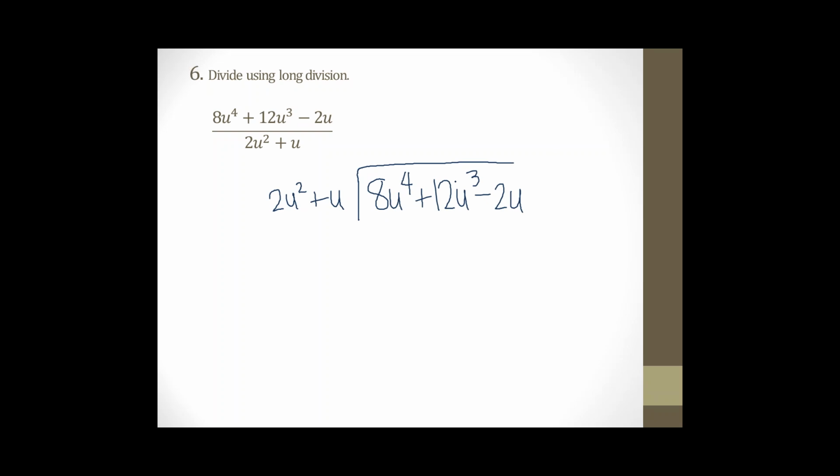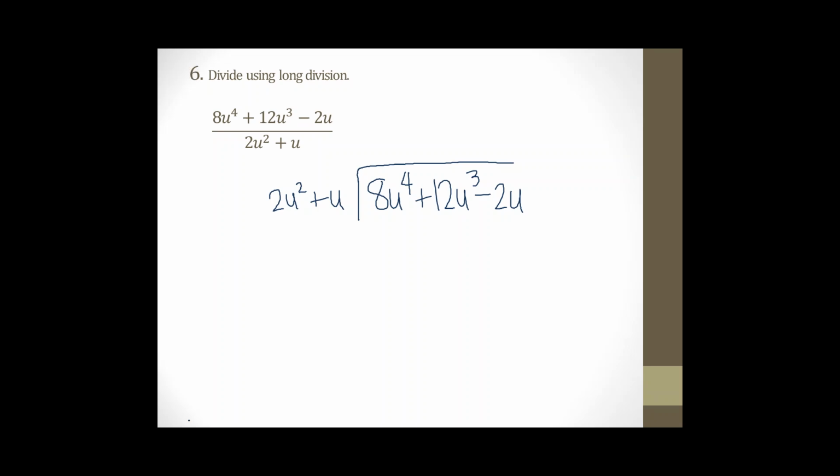Now, we want to make sure, and I just noticed this, when we divide using long division, like we just mentioned, you want to make sure that your exponents are in decreasing order, and you want to have representation of all of the terms. So if you notice, we actually are missing a u squared term here.